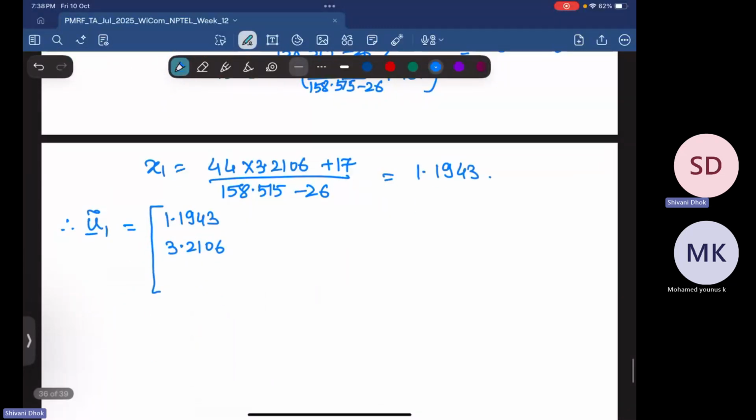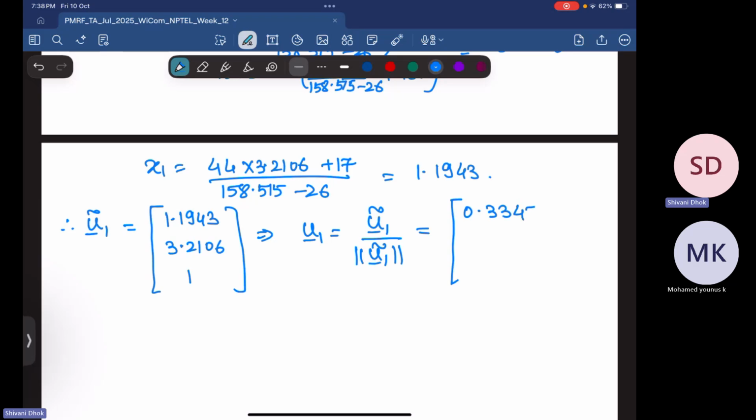This implies that u1 is nothing but u1 tilde upon norm of u1 tilde, and if you use your calculators, this will come out to be equal to 0.3347, 0.8997, and 0.2802.